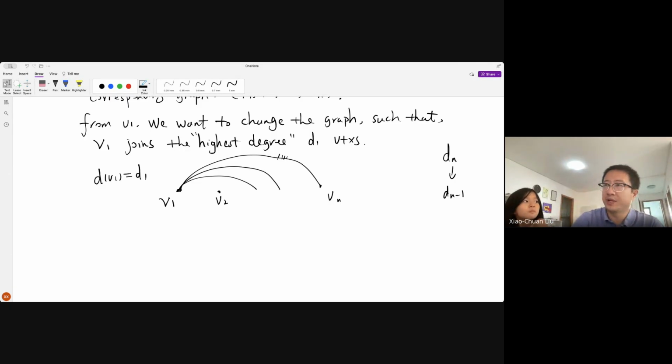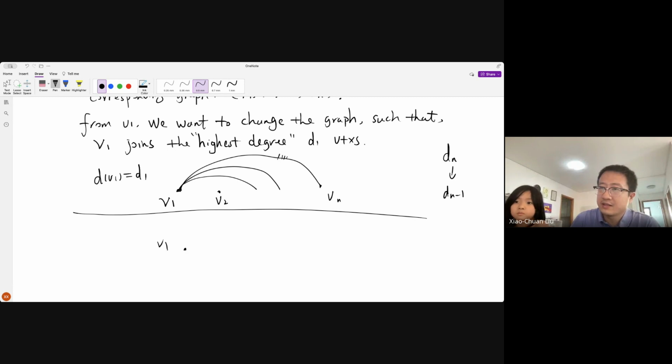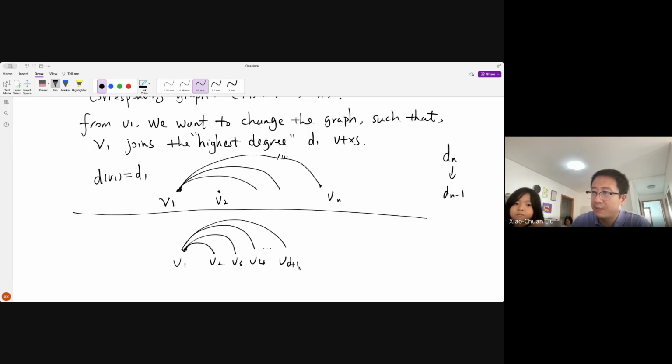Yeah, I will repeat. Suppose in the perfect world, the first vertex V1 joins V2, V3, V4 until V(D1 plus 1), because V1 has degree D1.